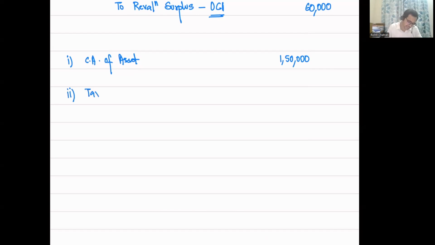My tax base, as we discussed, remains unchanged at 70,000 at the end of year one. The temporary difference I have is going to be equal to 1,50,000 less 70,000, which is equal to 80,000 rupees.